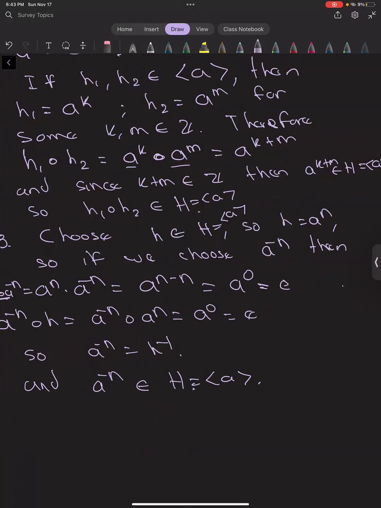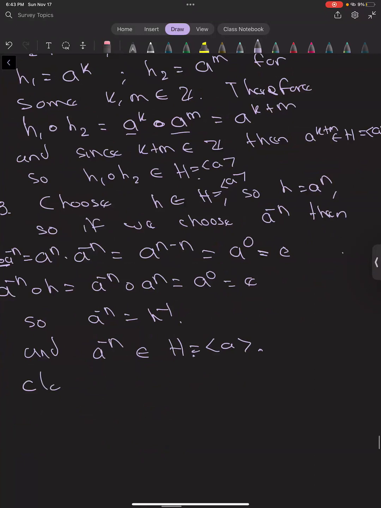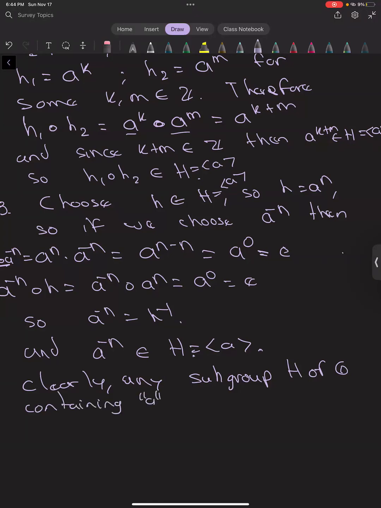So that's a subgroup, and clearly any subgroup H of G containing a must contain all the powers of a by closure.